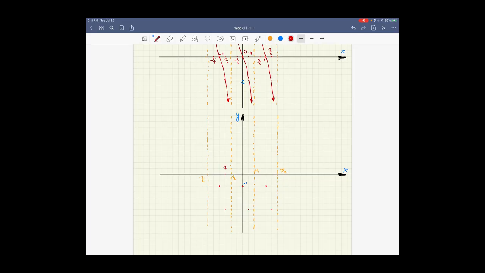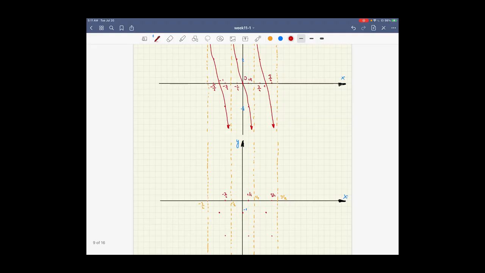And the points -5/4, -1/4, and 3/4 will now have y coordinates 1.